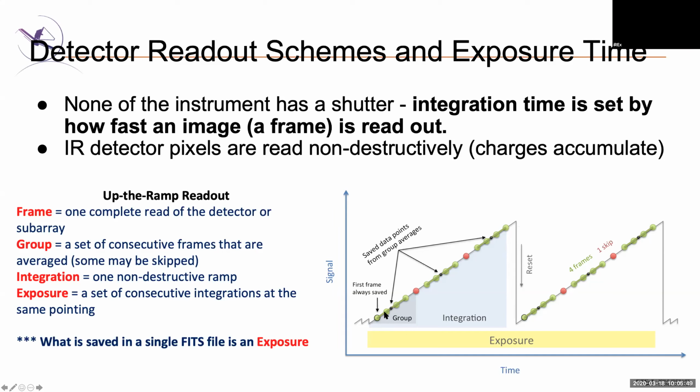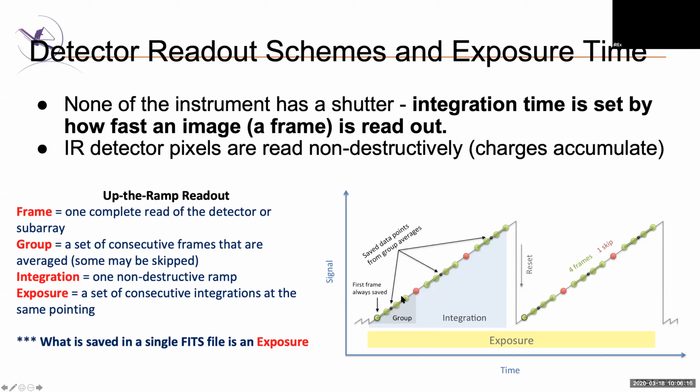James Webb, for reasons of data volume, to limit the data volume, has arranged to make groups of those frames that are averaged on board. On board, they average, say here, 4 frames together, and they will call this a group, and they will only send to Earth the result of the average.